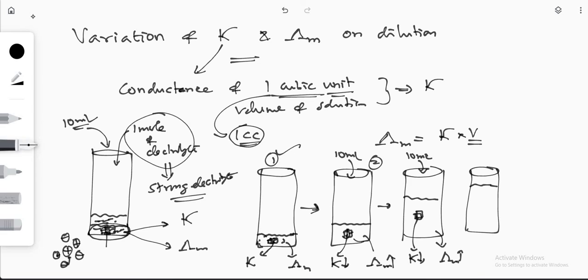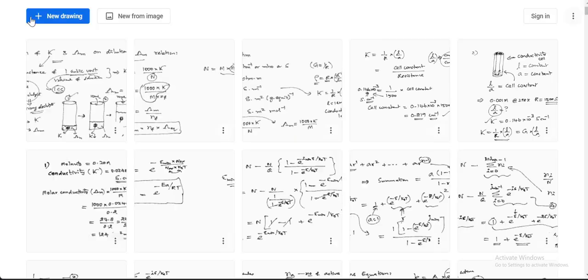So on dilution, students, observe carefully. Let me write the next page. So what is happening on dilution? On dilution, kappa value decreases, and molar conductivity increases. Why does kappa decrease?